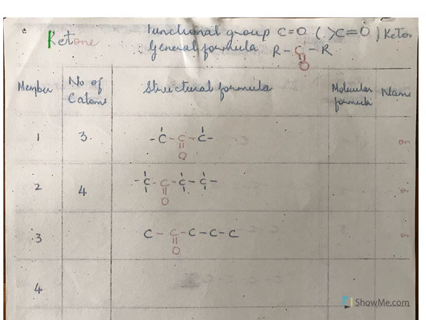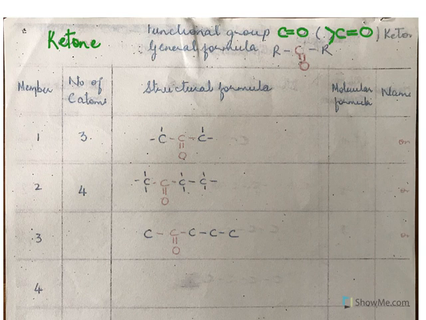For the next group, it's called the ketone. In the ketone, the functional group is C double bond oxygen. So we can put it like this. Remember, carbon has to have 4 arms. So 1, 2, 3, 4 arms.